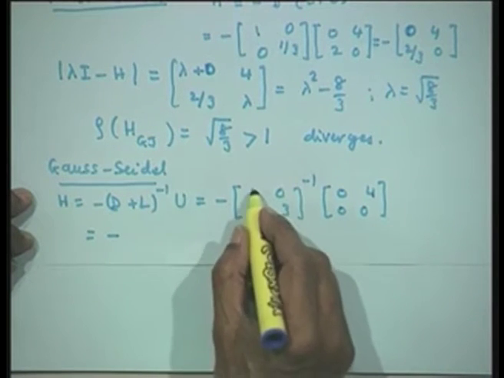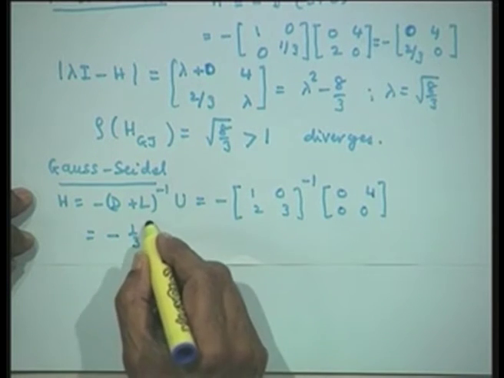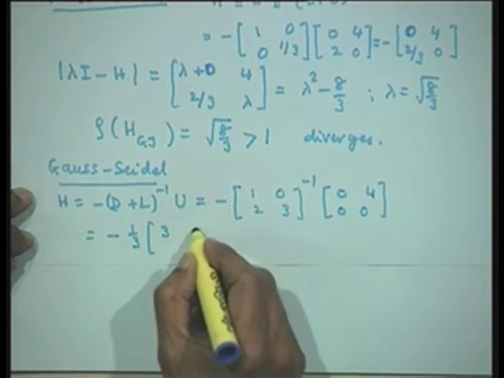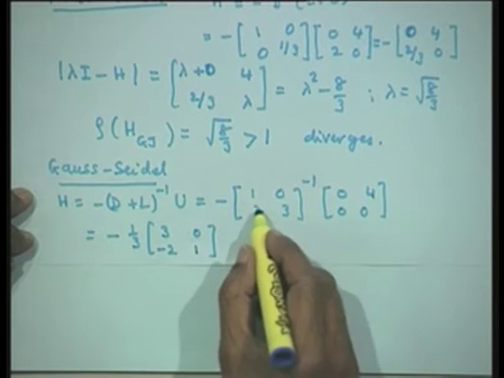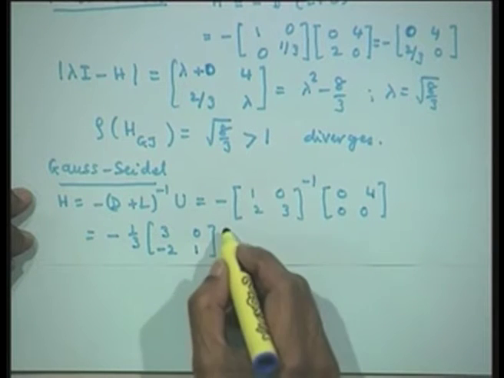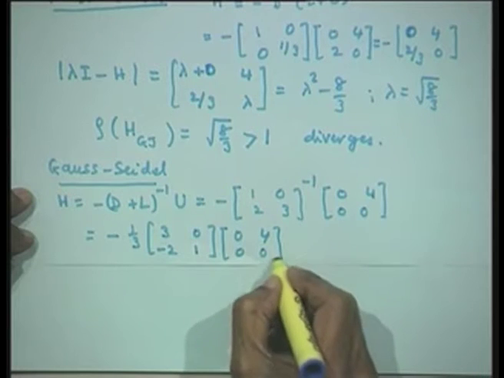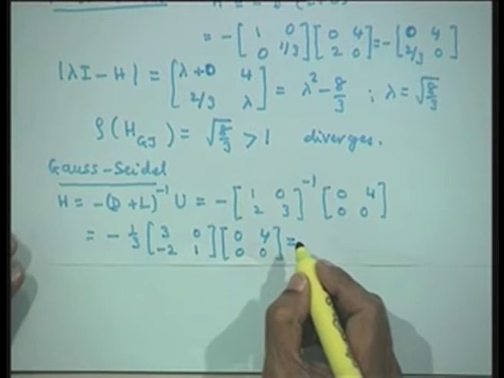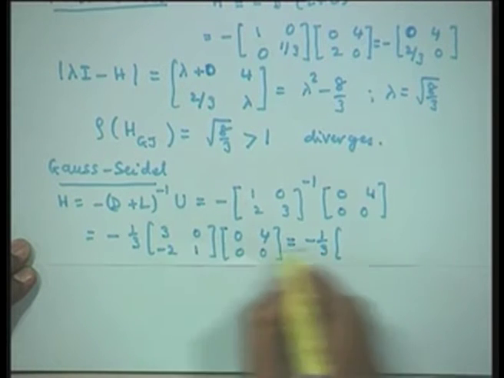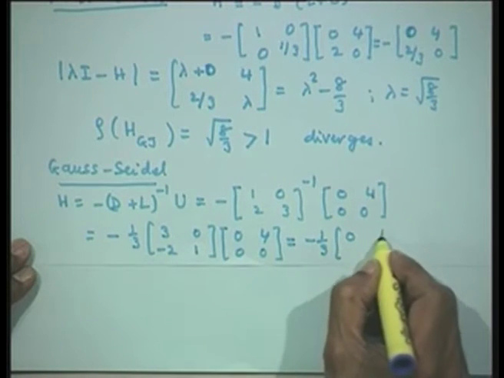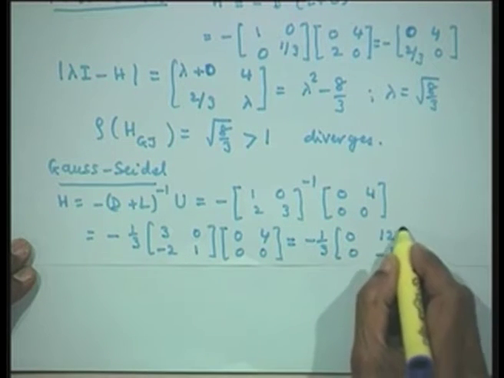Now, the value of the determinant is equal to 3. So, I will have this as 1 by 3, 3 0, 1 minus 2. So, this is the opposite sign, there is minus 2, 3 and 1, and this is 0, 4, 0, 0. Therefore, I will have this as minus 1 by 3, 0, that is 0, 3 into 4, 12, this gives you 0, this is minus 8.